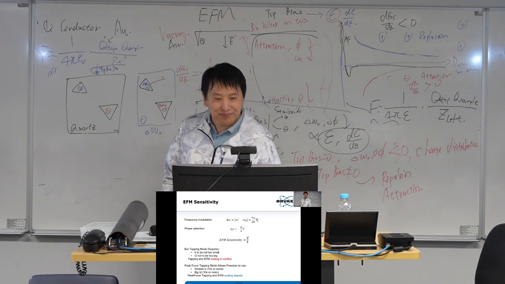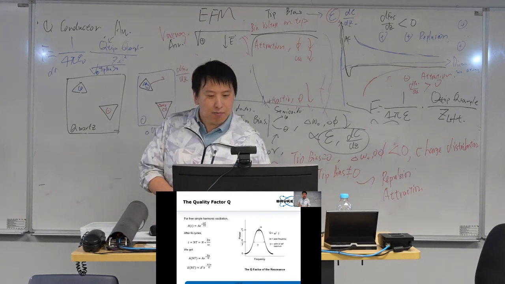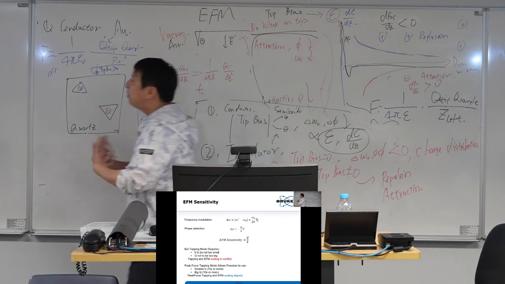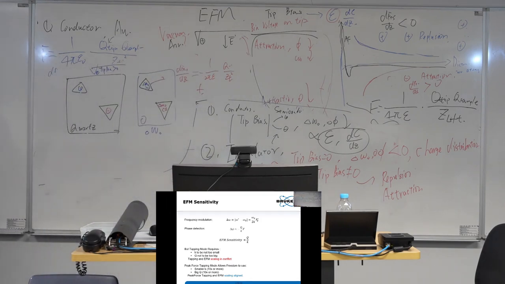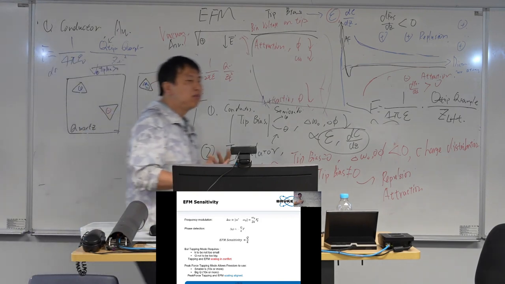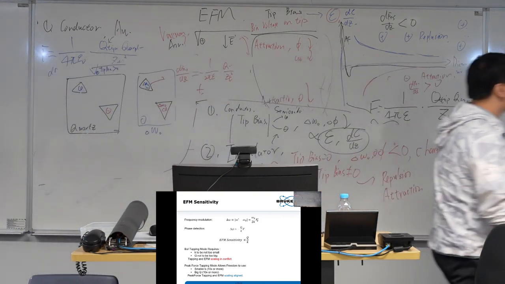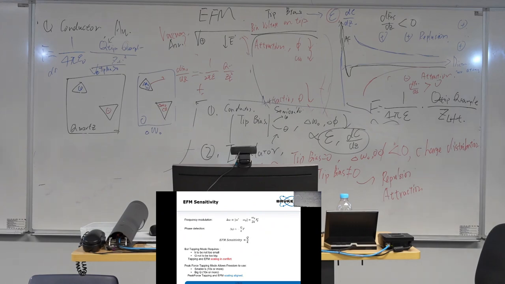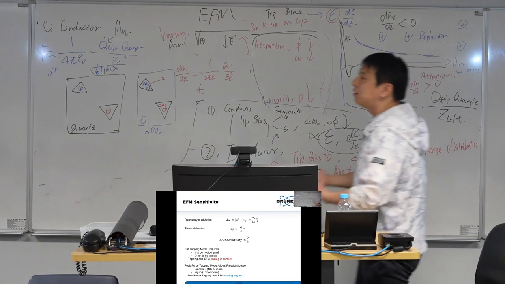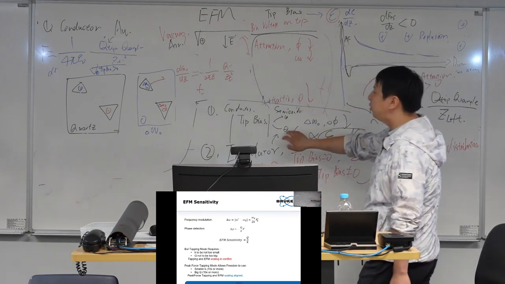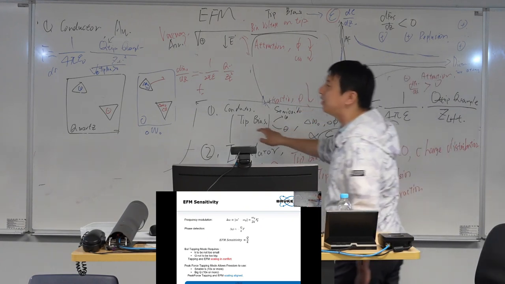Okay, so about the probe, about the probe choice. In principle, we only need to be able to apply the tip bias on the probe, because we may apply tip bias for the conductors.